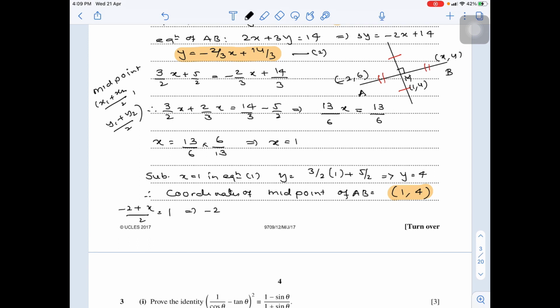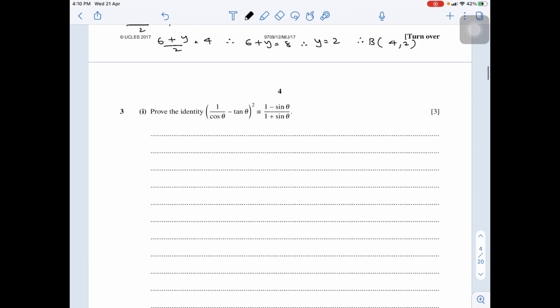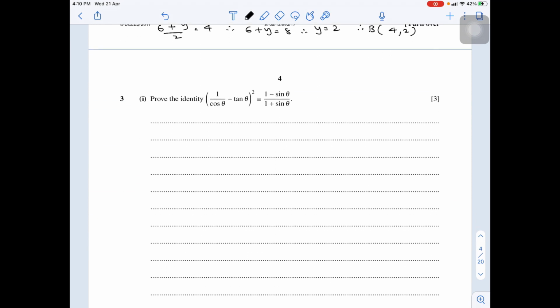So I'm trying negative 2 plus x divided by 2 is 1, which means negative 2 plus x is 2, x is 4. Then I'm trying for y now. 6 plus y divided by 2 is 4. So 6 plus y is 8, y is 2. Therefore, point B has coordinates 4, 2.